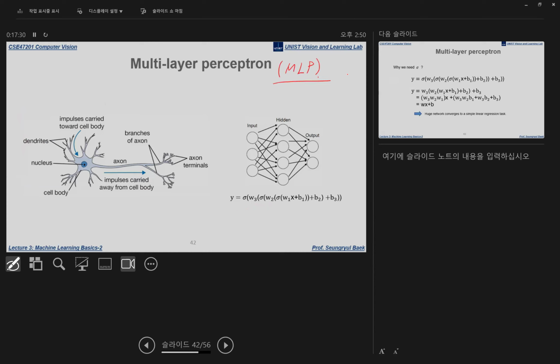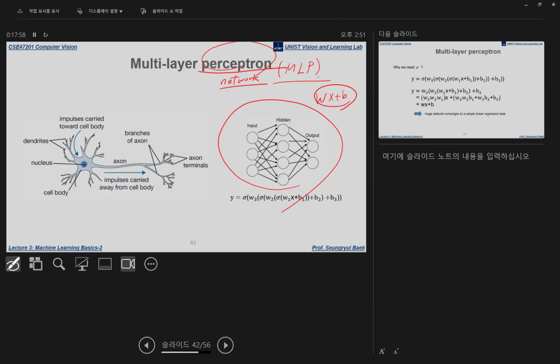So this multi-layer perceptron, you can interpret the perceptron as some network. We will call this type of thing, which has input and output and some layers, with this type of operator in between the input and output, a network.